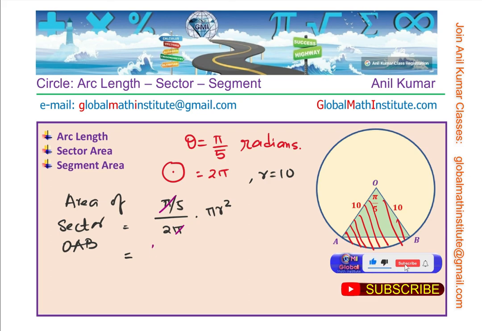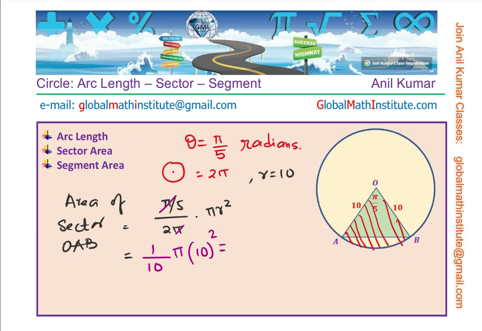So we get 1 over 10 pi r square. Pi times r square is 100, so that is 100 over 10 pi, which is 10 pi unit square. Is that clear to you? So that is how we can actually find the area of the sector, correct?